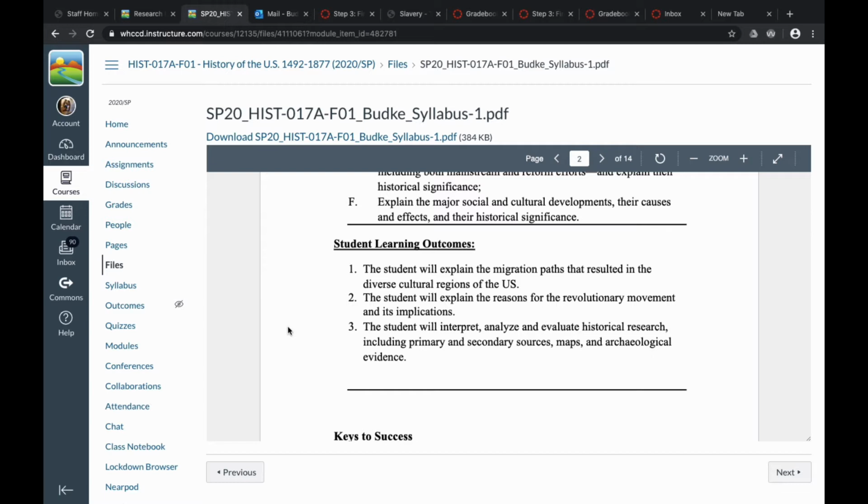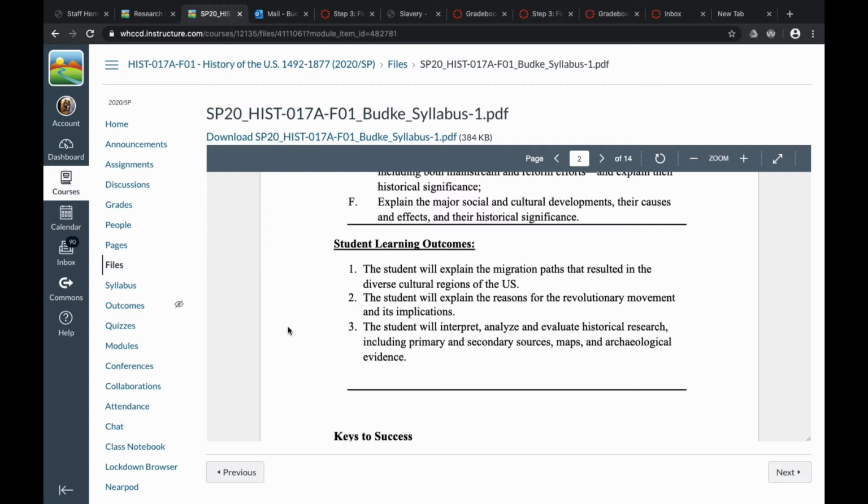Now, we're not using maps or archaeological evidence in this research paper. We're using secondary sources. We also analyze a lot of primary sources in our weekly assignments. Primary sources are sources that were created at or around the time of the event we're studying. So when we're studying the Revolutionary period in American history, Thomas Paine's Common Sense or the Declaration of Independence, both written in 1776, would serve as primary sources.